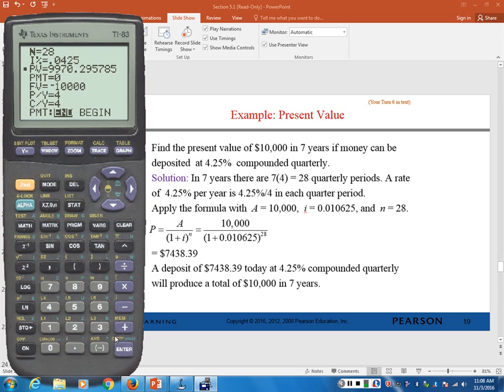and I did not do something right. It's because I put in my future value as negative. I think I shouldn't have done that.